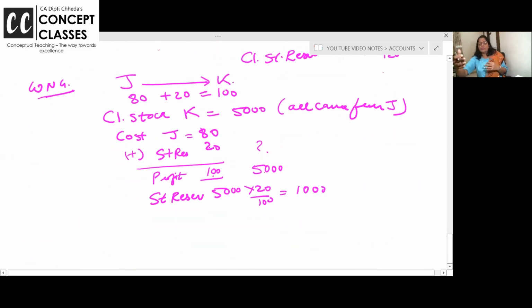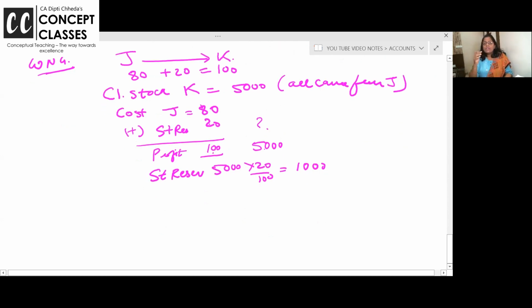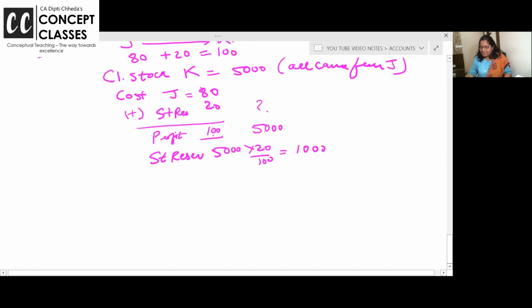J is talking to K: I have sent you these 60,000 goods. Out of this, 5,000 are lying in your godown K. Let us reverse the loading. Ultimately, we are all part of one. We are all departments of one. So in 5,000, 1,000 loading is reversed.